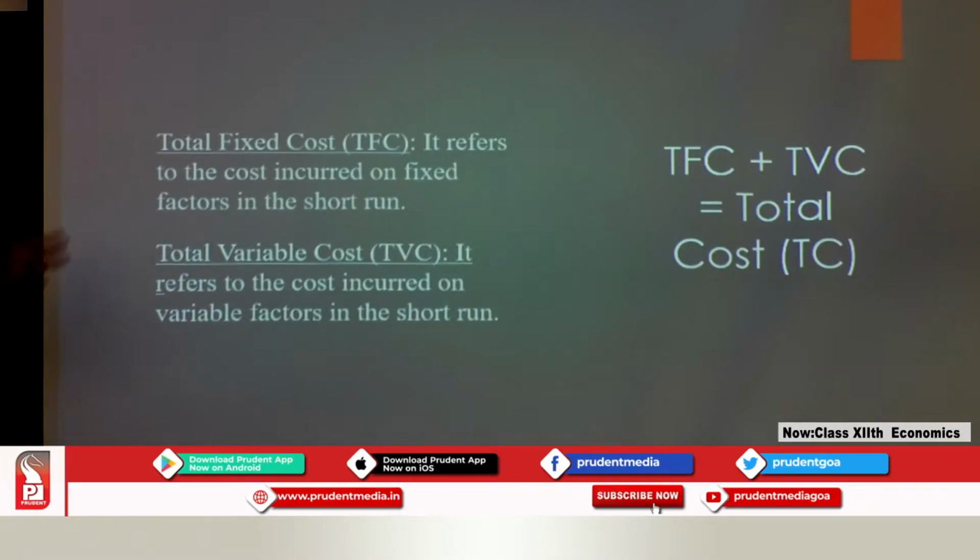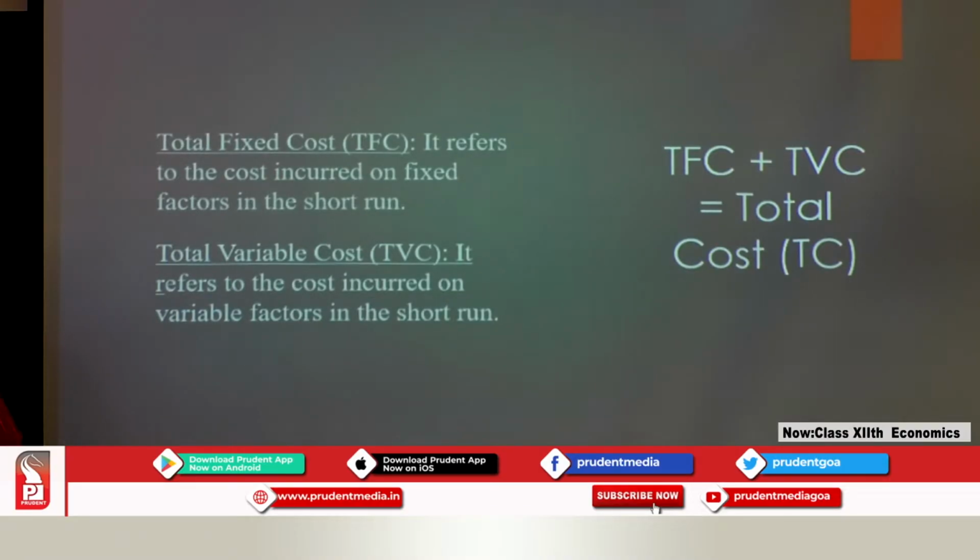So here you all can clearly see. Suppose the farmer is spending money on buying the land, buying a tractor. That money that he is spending becomes your total fixed cost, because they are fixed factors. They will not be changing very soon. But if he is spending money on the workers, okay, that will become his variable cost, the wages that he will be paying to the workers, or maybe he is providing them with food.